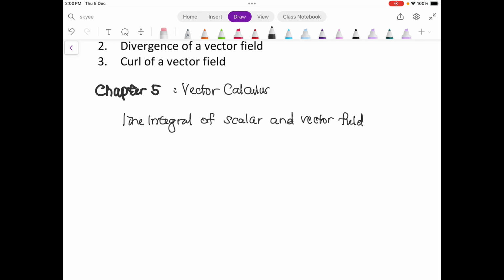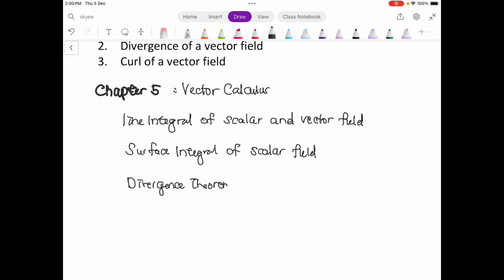We are also going to learn the surface integral of scalar fields, and lastly, the divergence theorem and also the Stokes theorem.